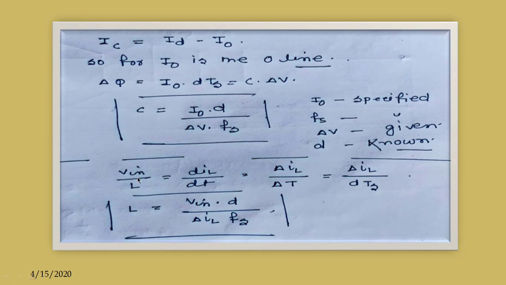So here we have taken the positive slope, so we get the value L equals V in into D by del IL into Fs, because TS equals 1 by Fs. D is the duty cycle, and all these values are given in our converter design aspects, so we can easily calculate the L.